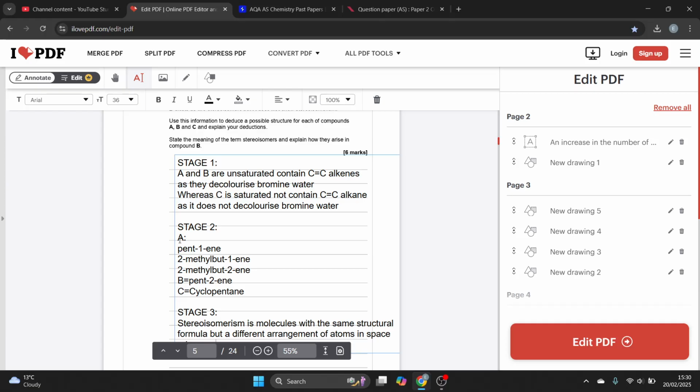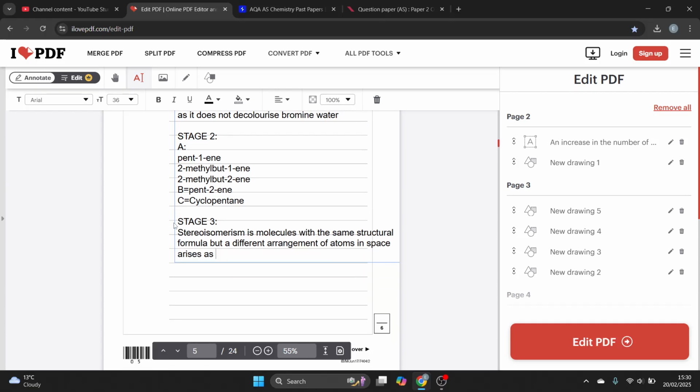It arises as the carbon-carbon double bond cannot rotate, and E/Z isomers, where each carbon in the carbon-carbon double bond has 2 different groups. Or you could show by drawing the E/Z isomers of B.